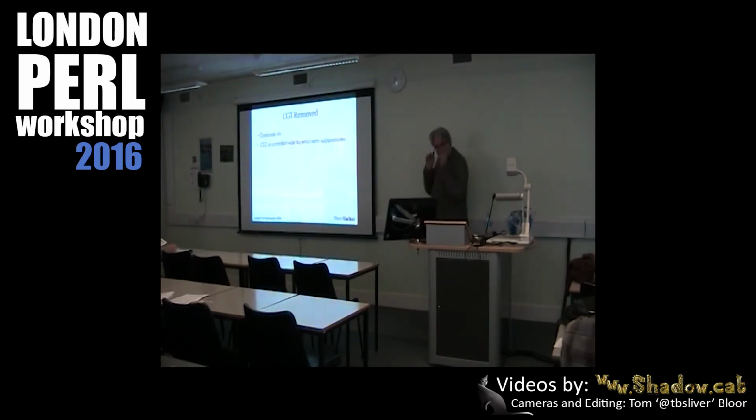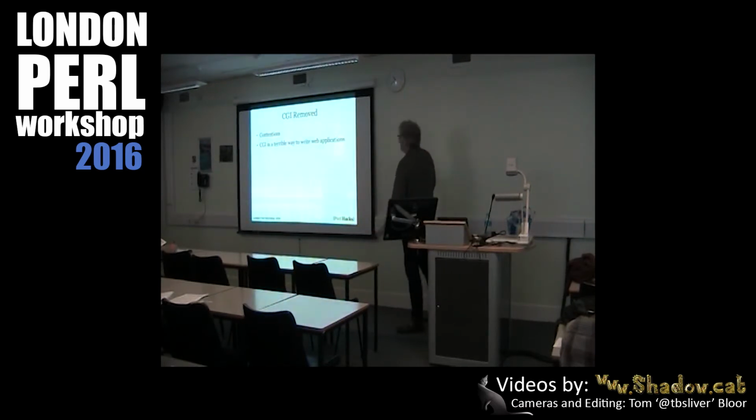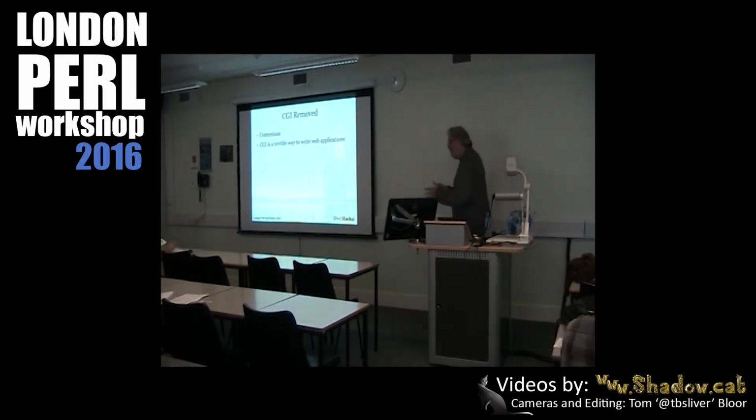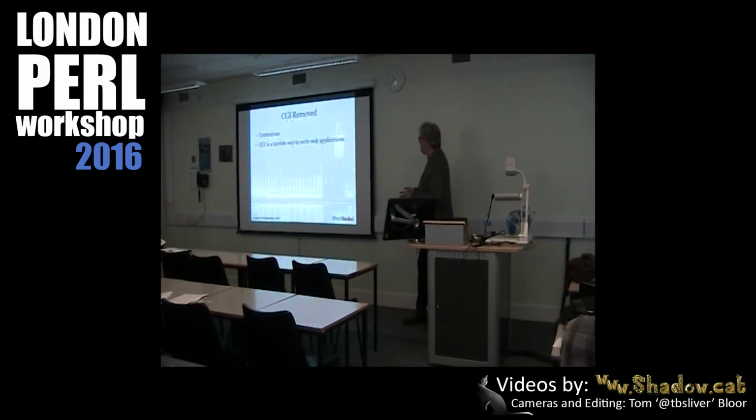And I'm not going to open the whole discussion can of worms because we could be here for 10 hours. It's a contentious move. But I hope we all agree that CGI is now a terrible way to write web applications. You never gave your CGI.pm is dead talk here, did you? It's on CPAN though.